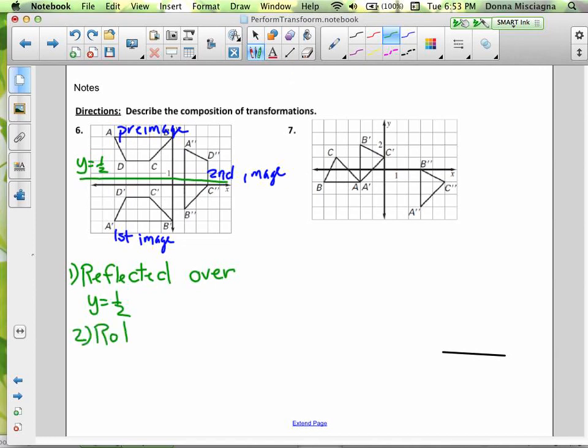If we wanted to be perfectly accurate, to find that point of rotation, we would connect all our corresponding points and do a perpendicular bisector for each one of them, and where those bisectors intersected, that would be our point of rotation. Now if we try to do that, this is going to be so busy that we're not going to be able to tell the difference between one line and the other.